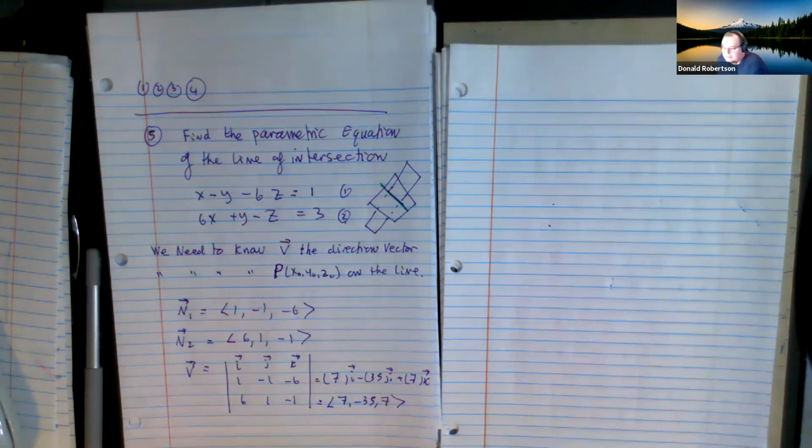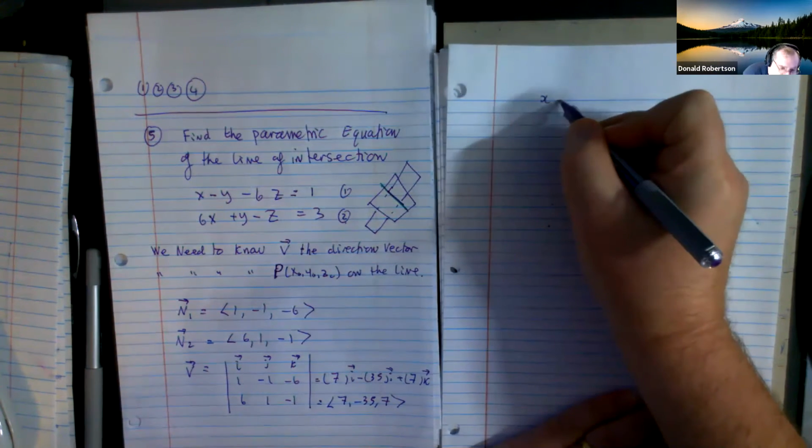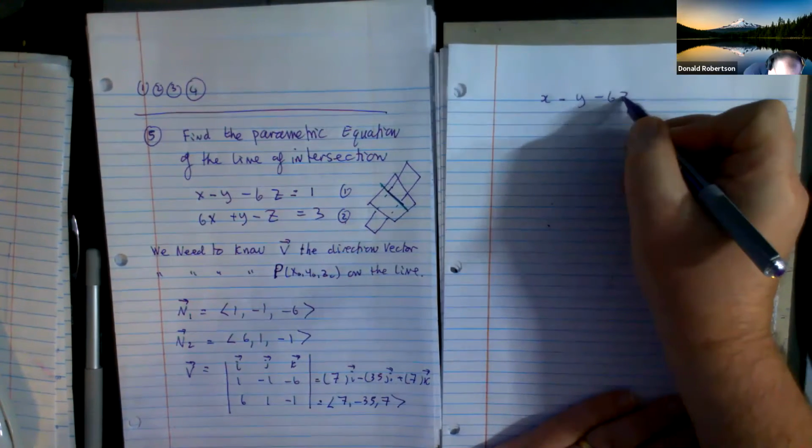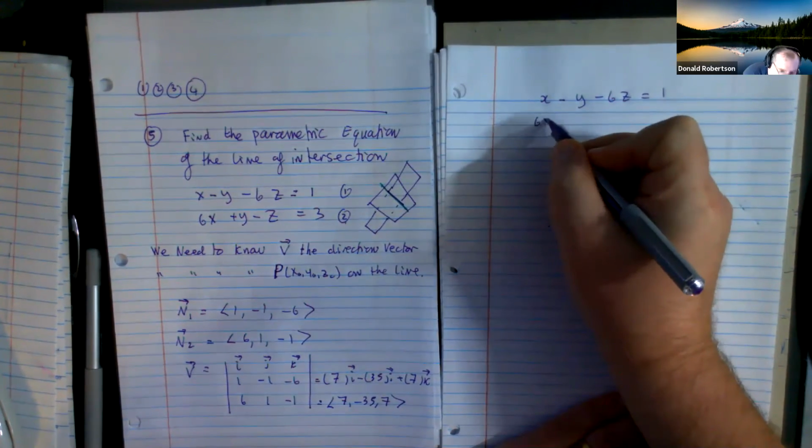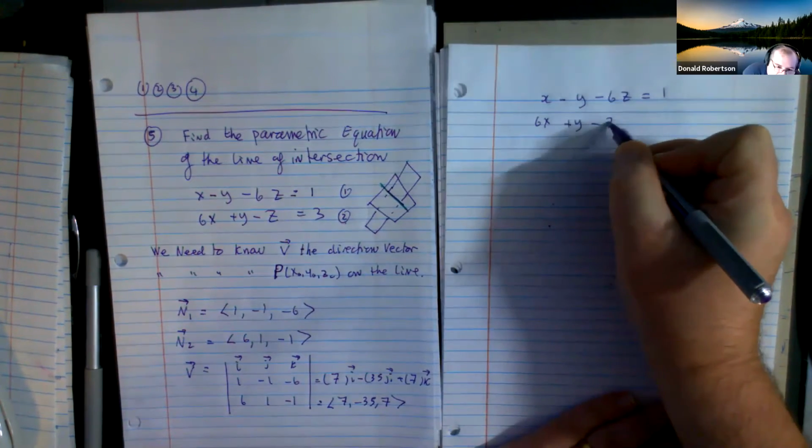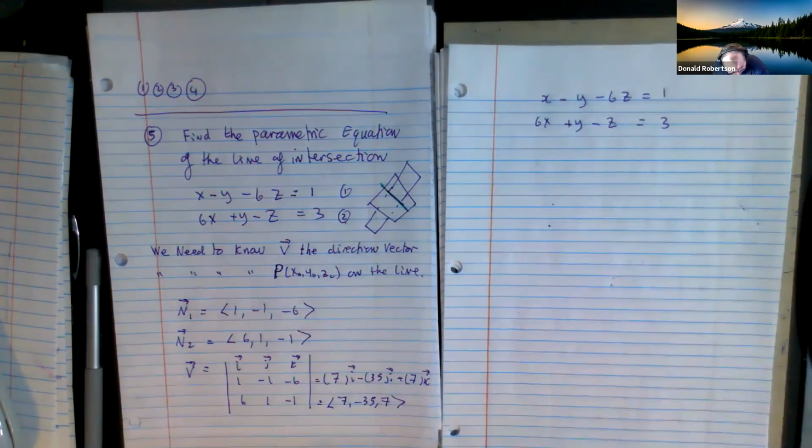We haven't spoken yet about how to find any point on that line, because that's a little bit trickier, because there are a number of different ways in which you can find any point on that line, right? So I'm going to show you one particular method. You start off with the equations of both planes.